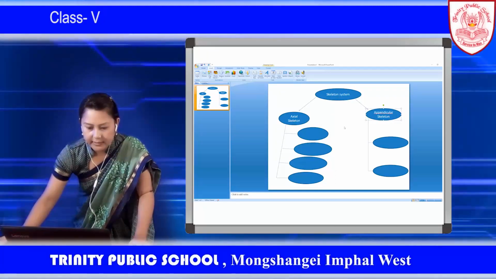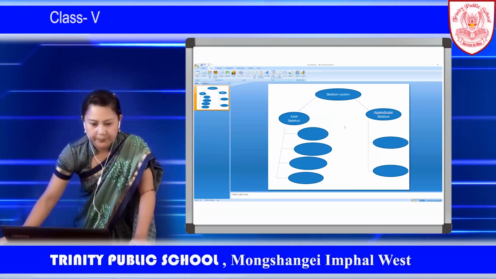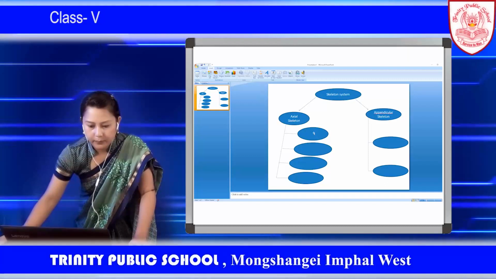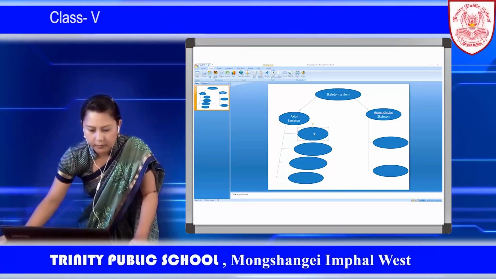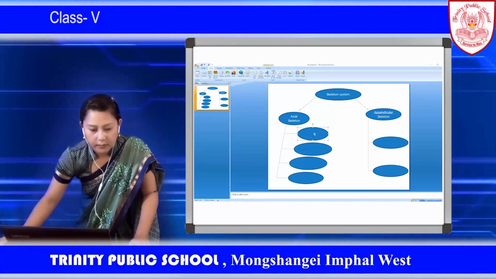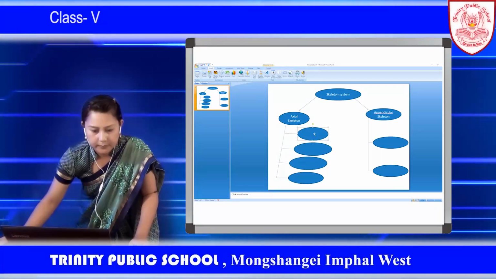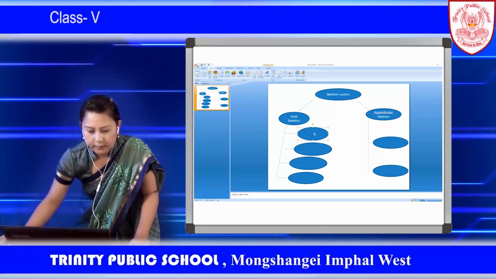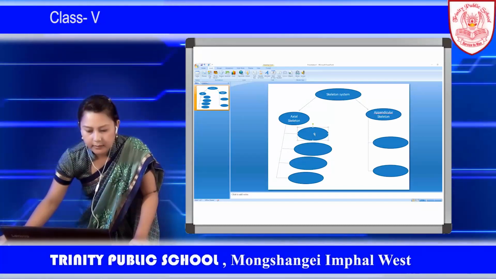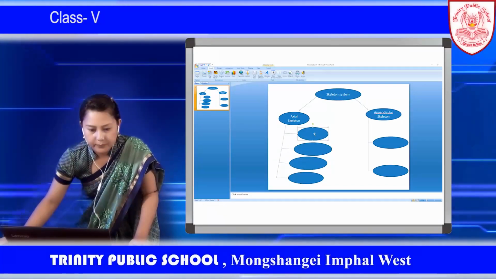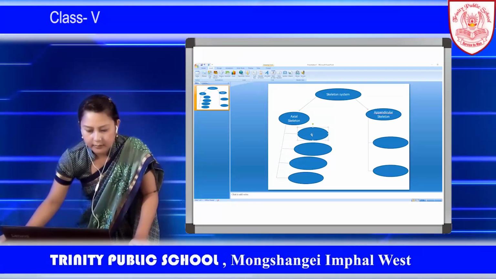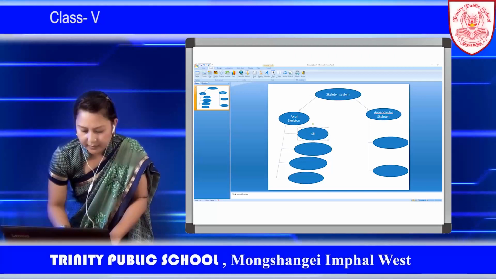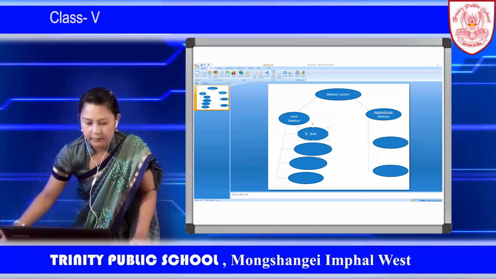Then from this axial skeleton, the first one is a skull. So you should write skull, S-K-U-L-L.